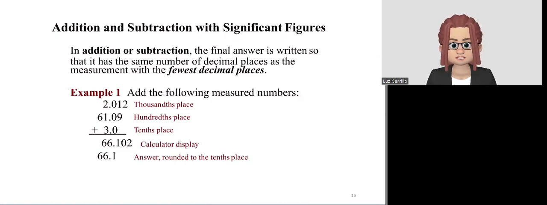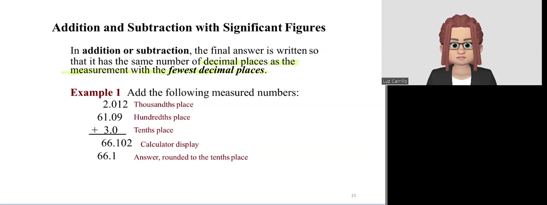We are going to start by looking specifically at what happens when we're doing addition and subtraction. In addition or subtraction, the final answer is written so it has the same number of decimal places as the measurement with the fewest decimal places.